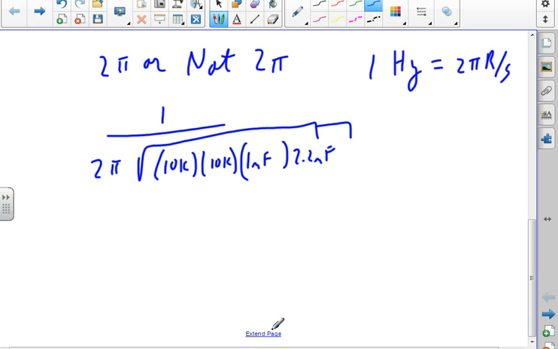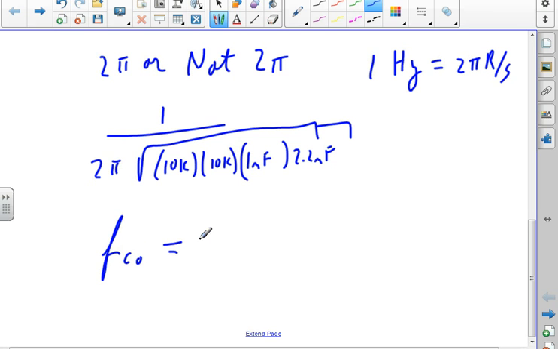Oh, I didn't put parentheses in. 1 divided by parentheses pi times square root. 10 double E3, 10 double E3, 1 double E minus 9 times 2.2 double E minus 9. Syntax error, darn. There we go.